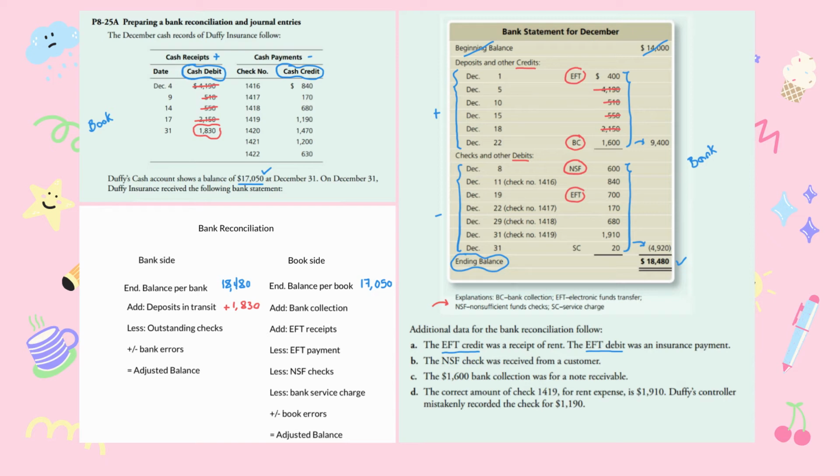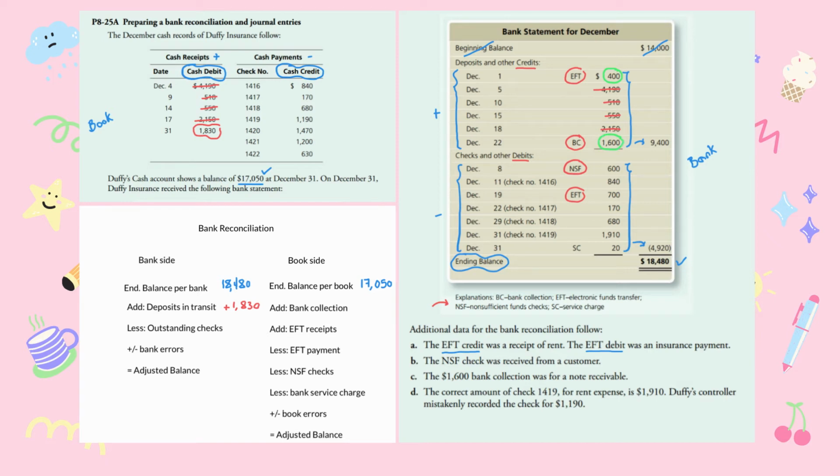Now let's look at the bank. We have two items that were recorded in the bank, not recorded in the book. The first one is $400. It's an EFT credit memorandum, which is an EFT collection. It's a plus to my cash. And we have the 1600 BC, which is bank collection.